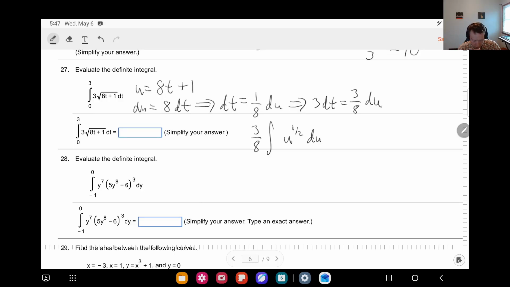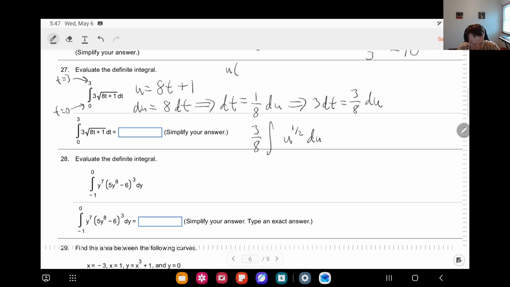But be careful. With these substitution problems, you cannot just reuse the same old bounds because, well, up here, we're saying that this is t equals 0 and t equals 3. Well, we've switched over to a new variable, u, so we have to account for that. Well, you find your new bounds by plugging in the old t values into u.